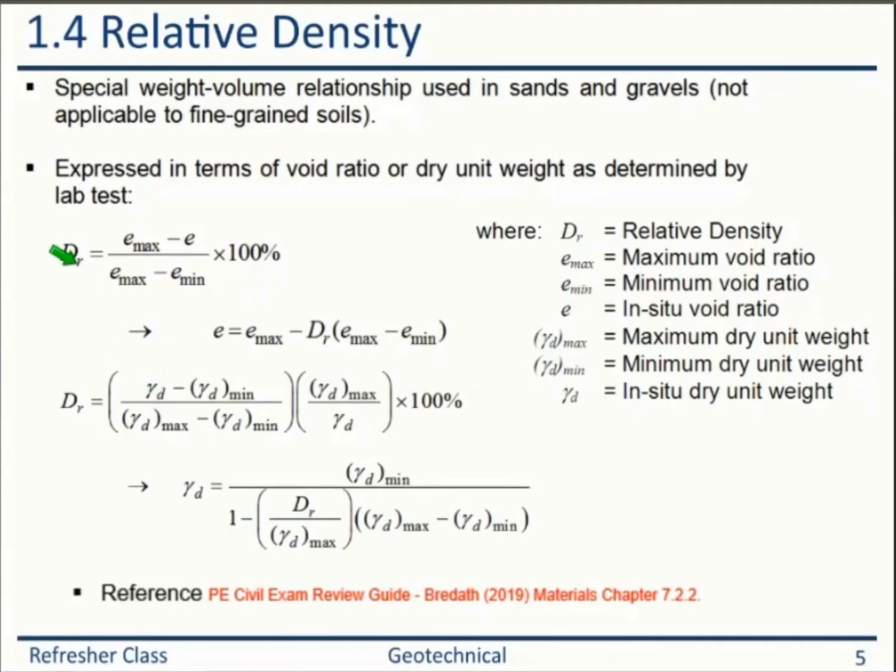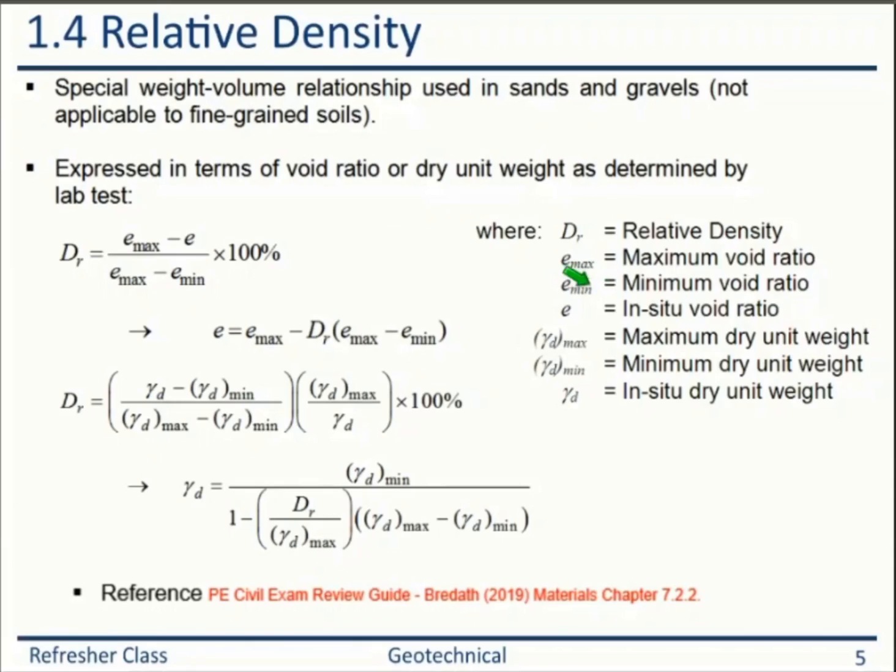Relative density Dr is related to the void ratio with these equations: e max, e minimum, and e. e max and e minimum are the void ratios determined in the lab. e max represents the maximum void ratio the soil can take, and e minimum is the minimum void ratio the soil can take.